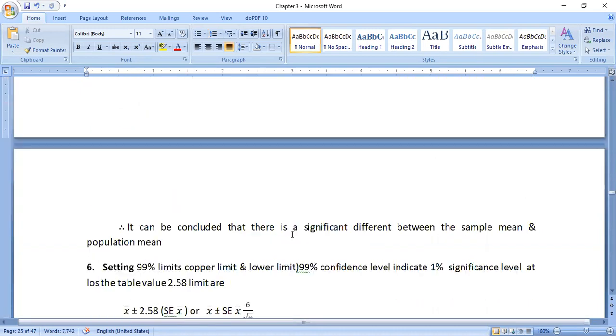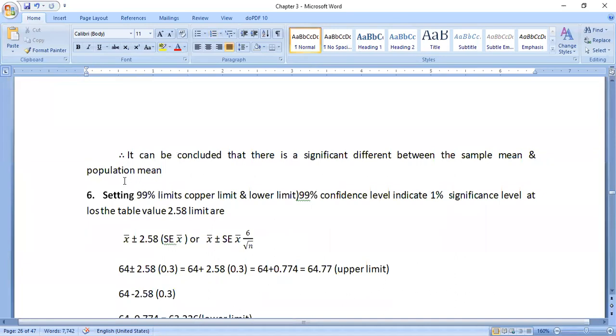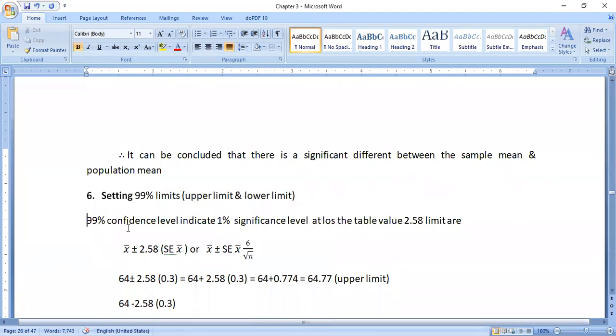Then step number 6, setting 99% limits. In the given question, set up 99% limits is given. 99% means here 1%. We set the 99% limits, upper limit and lower limit. 99% confidence level indicates 1% significance level. At 1% LOS, the table value is 2.58.